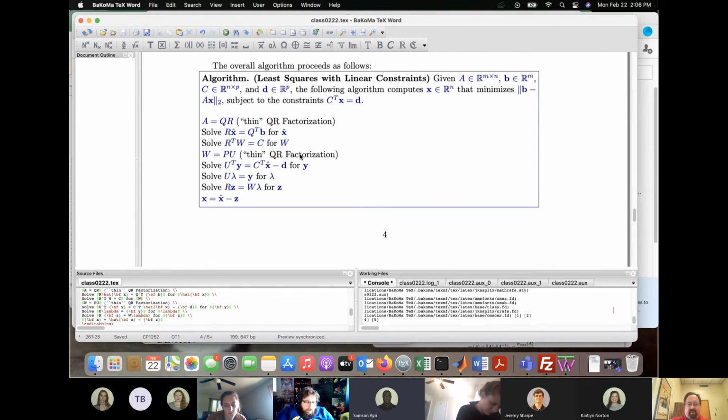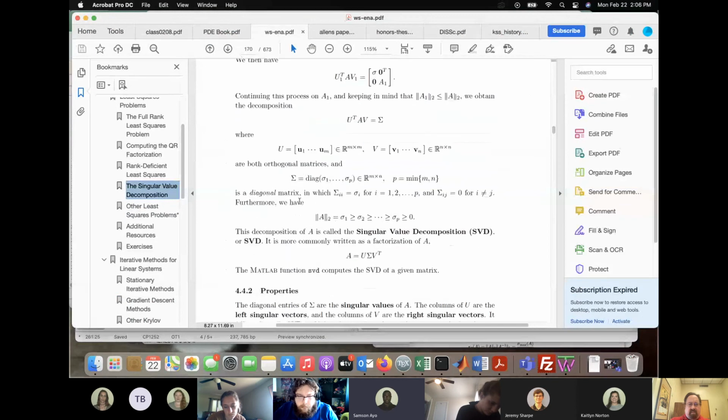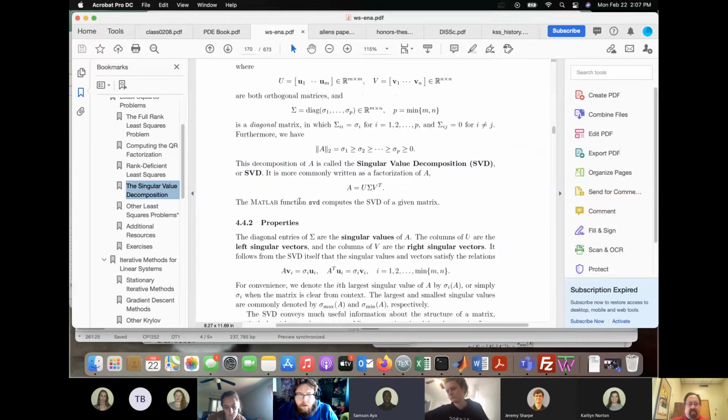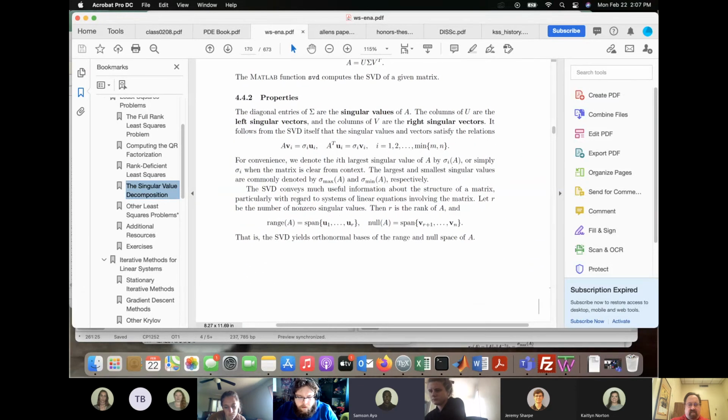So if I don't want to write range of A equals span u1 to ur, can I write a sum of alpha_i u_i, where the alphas are arbitrary constants?